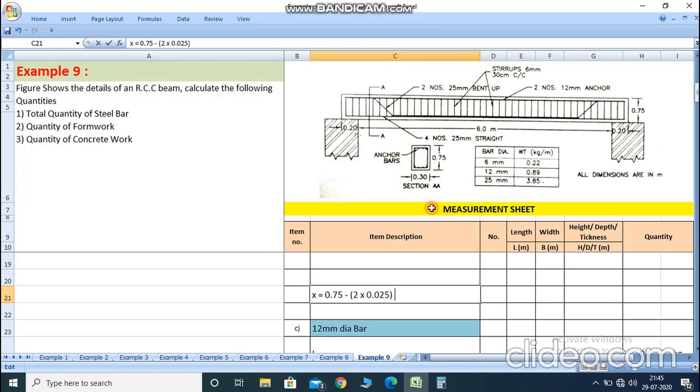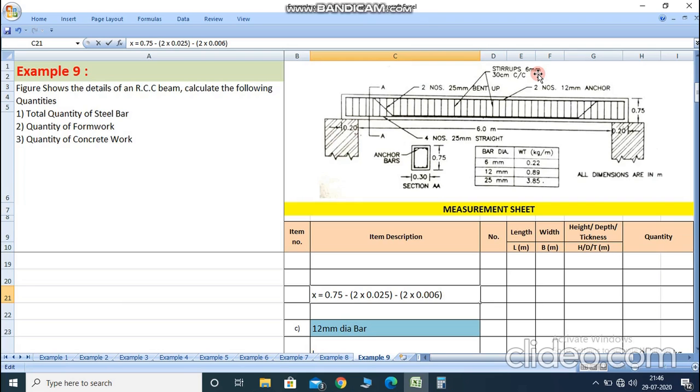Then minus, here stirrup is provided. So minus stirrup. Stirrup is provided on both the sides, so minus 2 times the diameter of the stirrup. Stirrup diameter is given as 6 mm. Now 6 mm is converted into meter, so 0.006 as the stirrup.